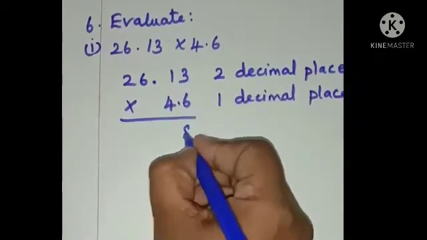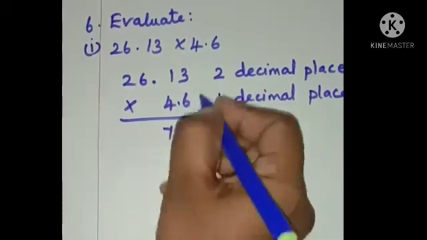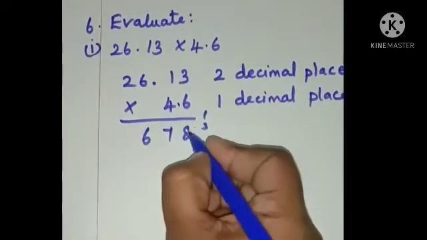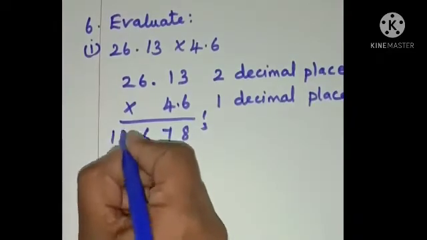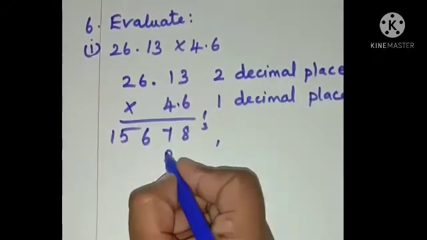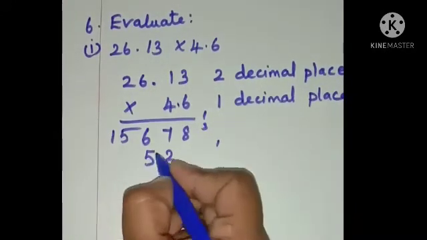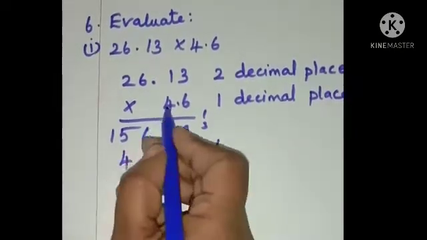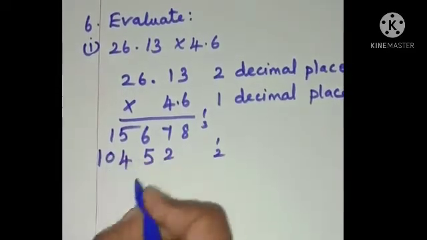6 3s are 18, 6 1s are 6, and 7 plus 1 is 7. 6 6s are 36, remainder 3, and 6 2s are 12, 12 plus 3, 15. And now 4 3s are 12, 4 1s are 4, 4 plus 1, 5, 4 6s are 24, 2, and 4 2s are 8, 8 plus 2, 10.